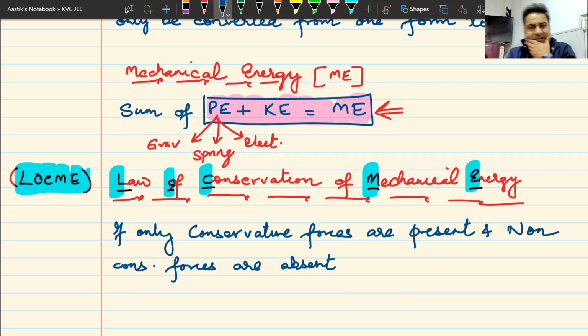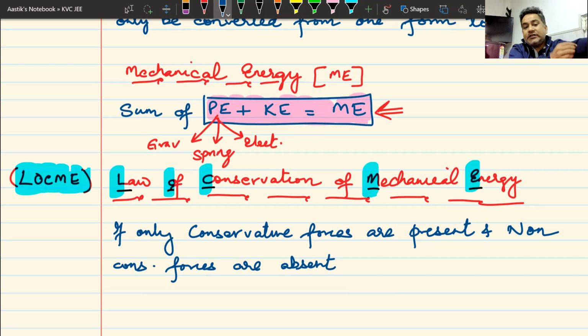In some cases, I think in the chapter on rotation, you would have found out that when a ball is rolling, for a ball to roll, normally you require static friction.